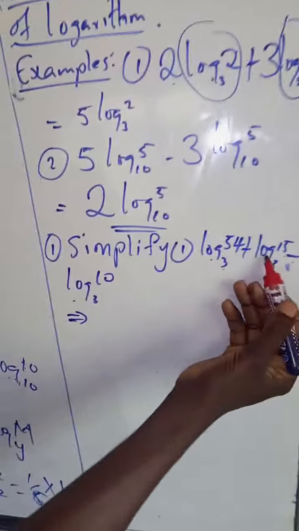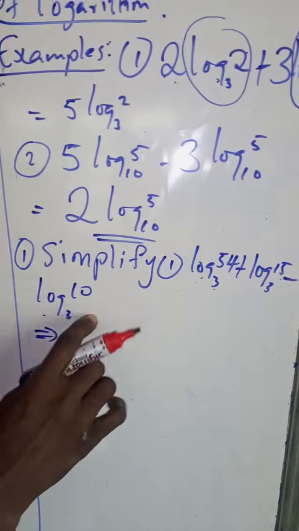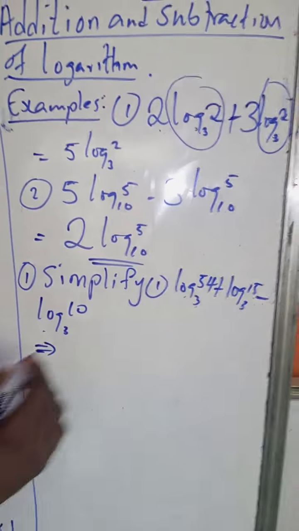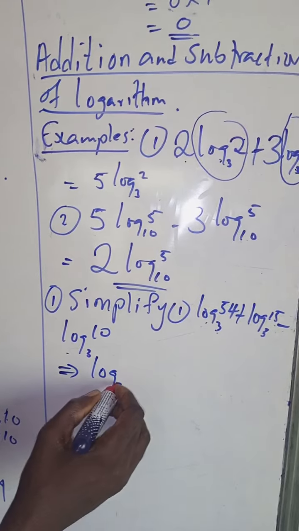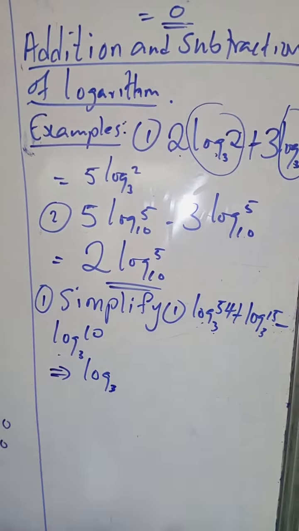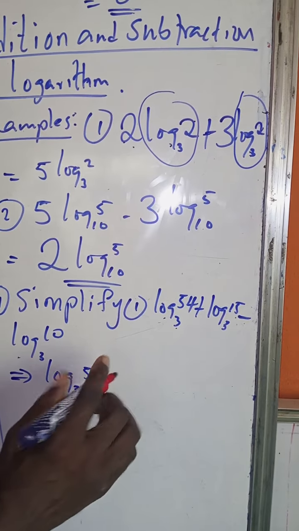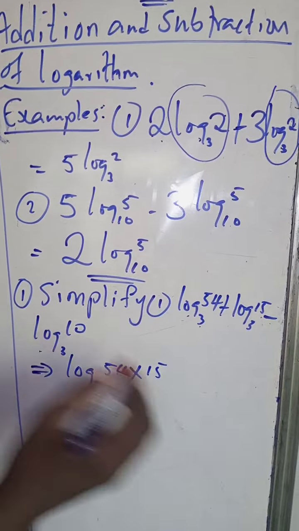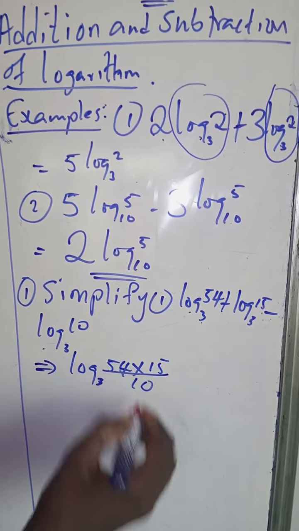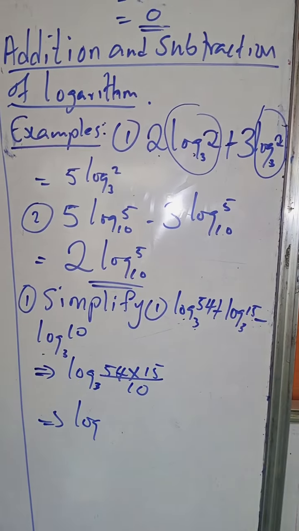This is addition, we turn the addition to multiplication. This is subtraction, we turn our subtraction to division. So we take 1 log, and it's going to be base 3 since everything is in base 3. So this will now be 54 multiplied by 15, divided by 10. Of course, this will still give us log.